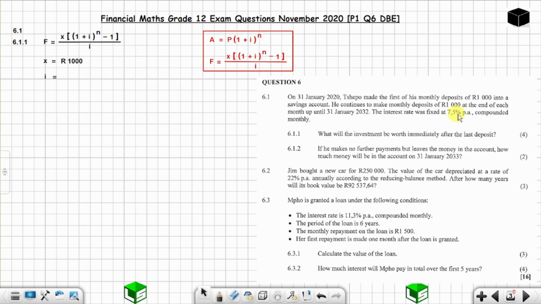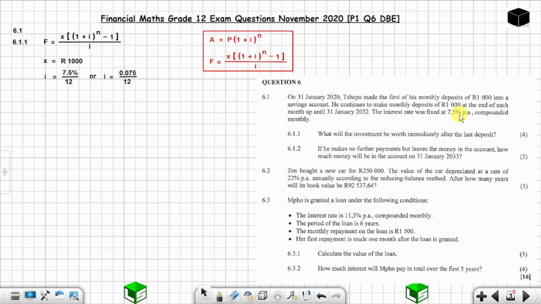You divide by 12 because it is compounded monthly. You can also write this as i equals 7.5 divided by 100, which is 0.075 over 12. This is the interest rate compounded monthly.